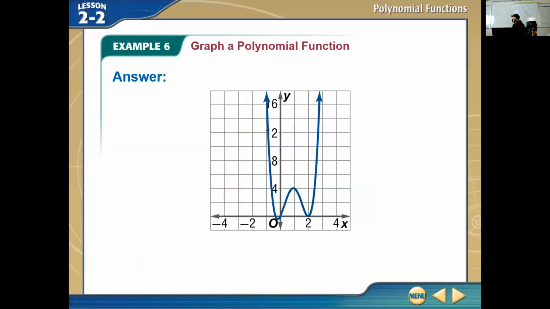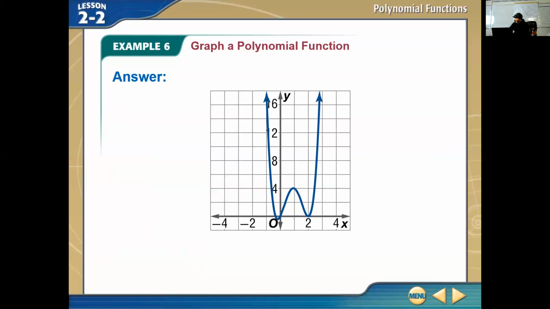Okay, and that's what our graph looked like. We had a 0 at -1/3 where our f of x switched signs. We had a 0 at 0, f of x went from a negative to a positive. And then our multiplicity of 2 at the 0 made it tangent to the x-axis. Remember that multiplicity determines whether it's even or odd.